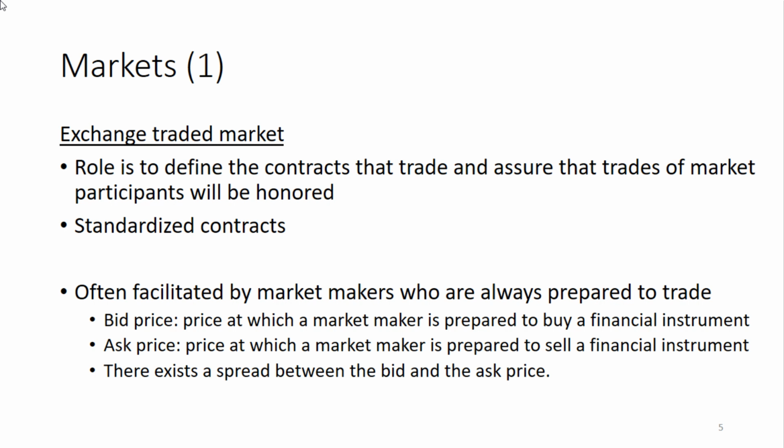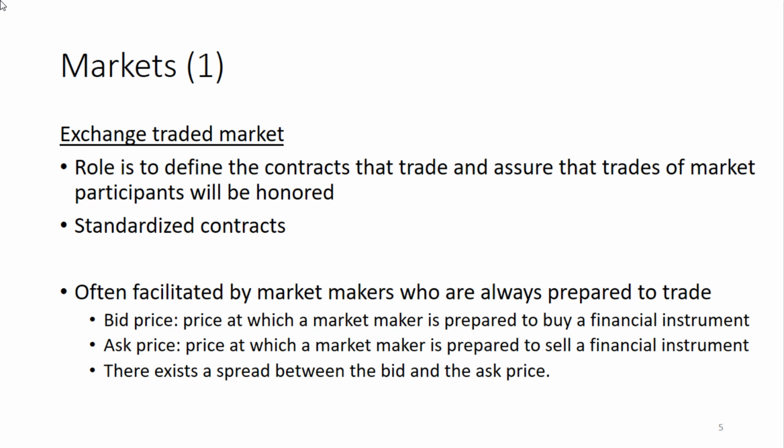Well, the bank, the market maker, is always prepared to trade, as I said, and so what it will do is quote both a bid price and an ask price. The bid price is the price at which the market maker is always prepared to buy a financial instrument. And typically, the price that the market maker quotes to buy a financial instrument is relatively low.